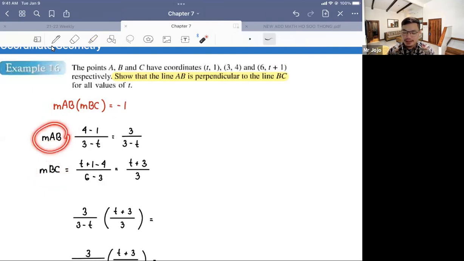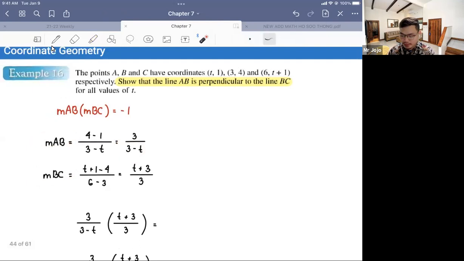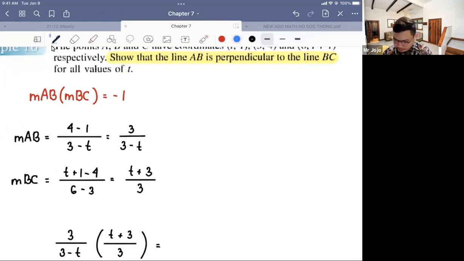The gradient of line AB is 3 over 3 minus t, and the gradient of line BC is t plus 3 over 3. So these are the gradients of each line.